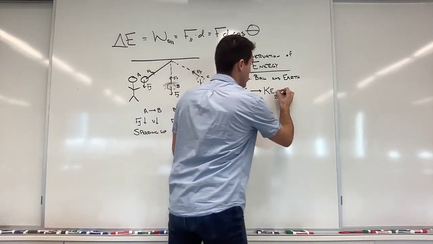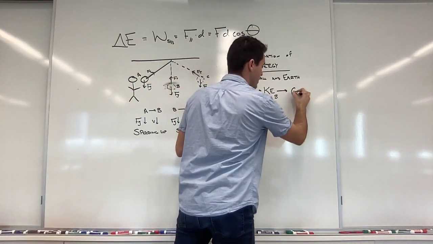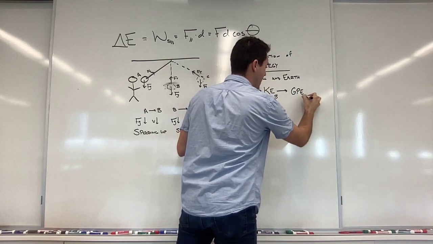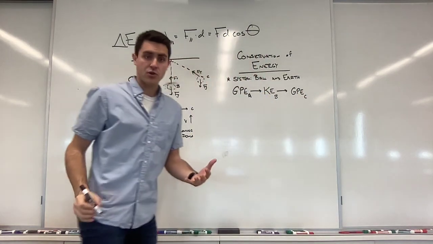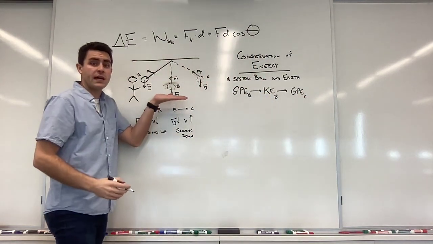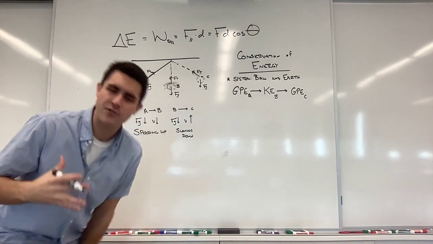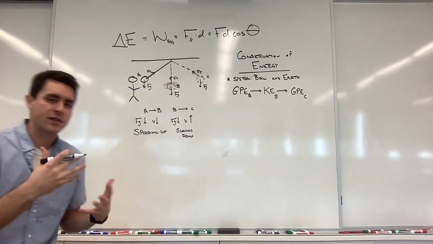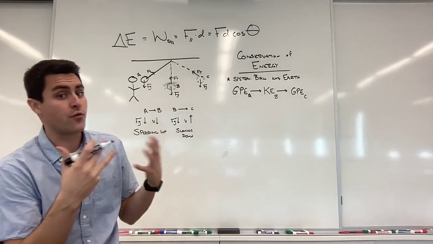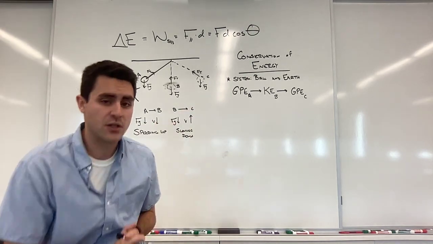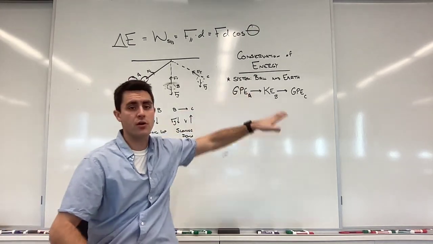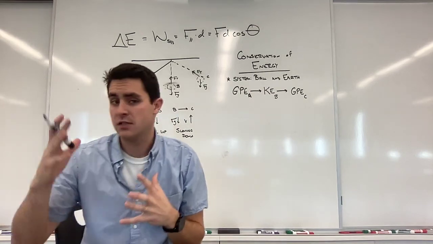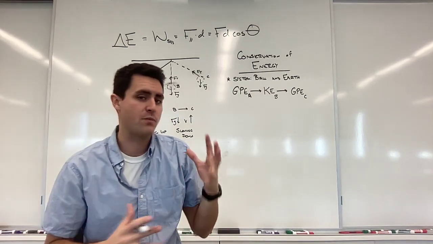And as we move toward point C, that energy is transformed back into gravitational potential energy because the bowling ball, again, rises above the surface of the earth. We are consistently seeing that as it gets further from the earth, there's more gravitational potential energy. And as it gets closer to the earth, there's more kinetic energy. And this ball is going to swing back and forth, back and forth.